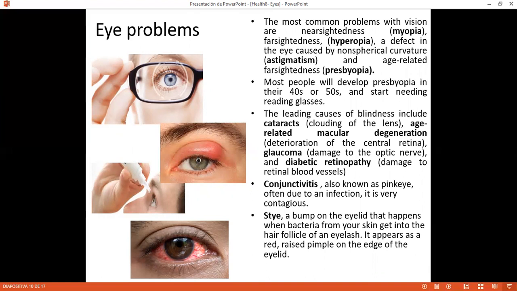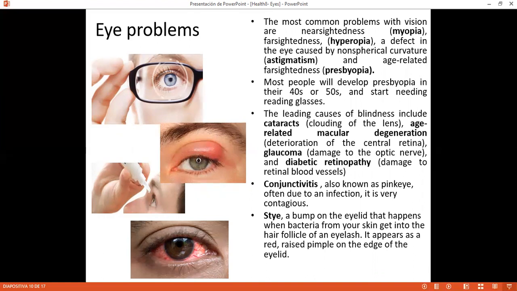And we have something that is age related. It's not actually a problem that you are born with. It's something that you grow into because remember what we said the other day, the eye has muscles and the muscles start wearing away through age.